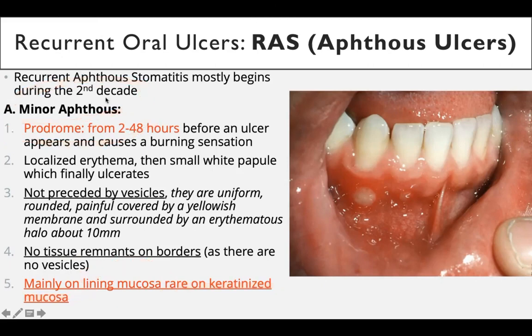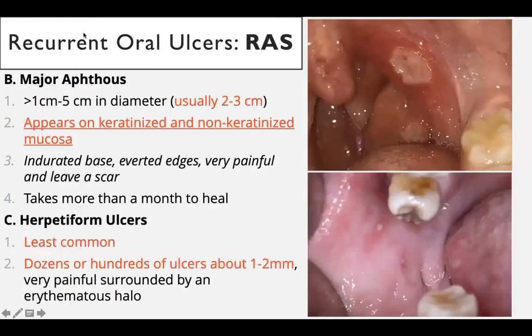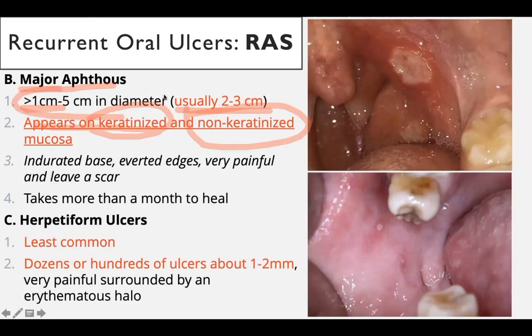Okay, so let's go to the next slide, which shows major aphthous ulcers. They appear also on the keratinized and non-keratinized mucosa, and are bigger than 1 centimeter, usually 2 to 3 centimeter, but not limited to 2 to 3 because they can be up to 5 centimeter in diameter if we do not take care of them.